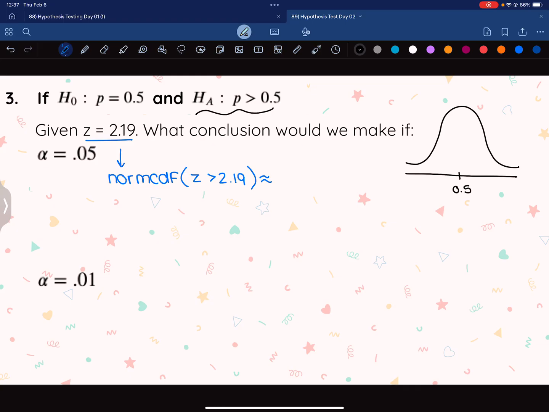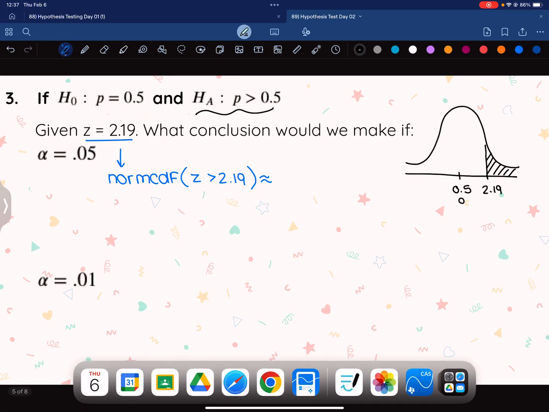If this was technically 0, 2.19 would be somewhere over here, and then that greater than is going to shade to the right. When you find a z-score, if it's positive, it's going to be on the right. If it's negative, it's going to be on the left of wherever the mean is.